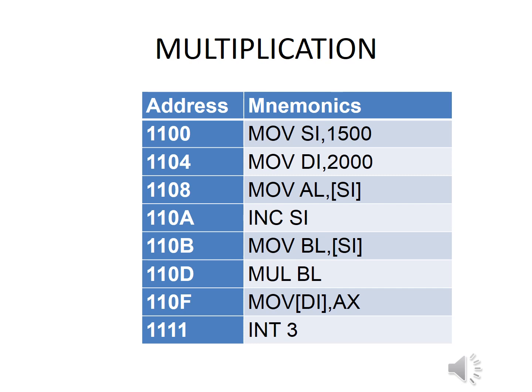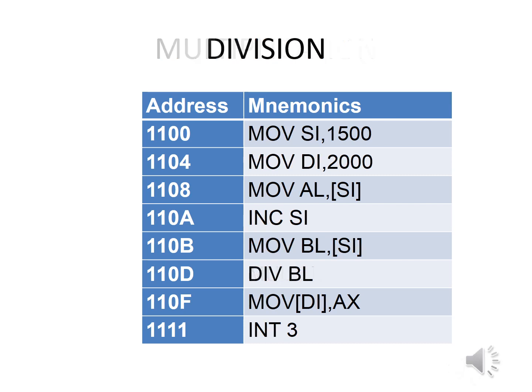Then it is transferred to the destination index. Already we declared the destination index as 2000. So we can get the output in the address 2000. Next, stop the program. That's why we do the multiplication program using 8086.